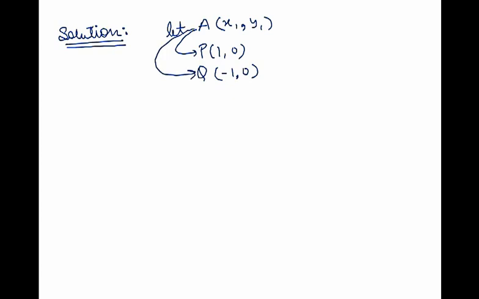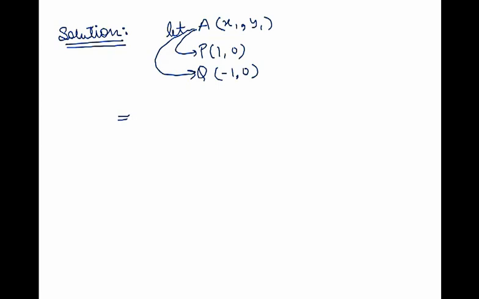Let us consider that the coordinates of point A be (x1, y1), and the point (1, 0) be represented by P and Q as (-1, 0). Then according to the question, the ratio of the distance of A from P and that from Q turns out to be 1 by 3.